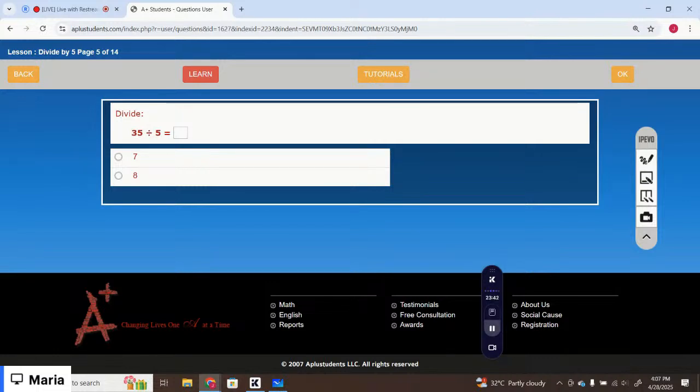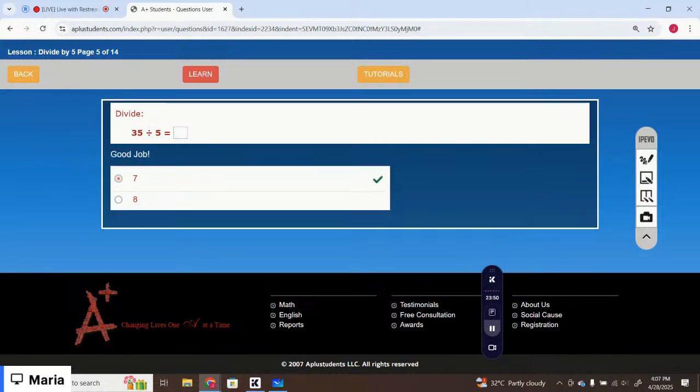Very good. 5 times 7 is 35. So 35 divided by 5 is 7. Option number 1 is the correct option.